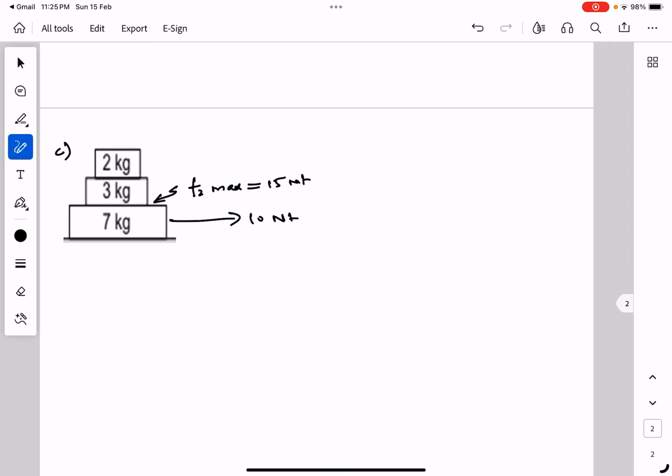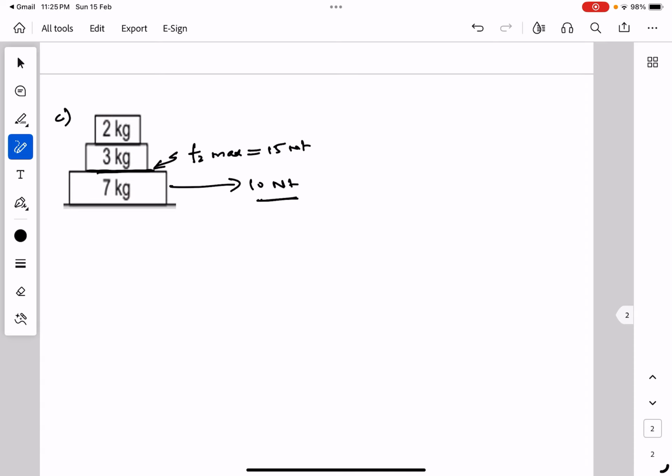And since maximum static friction force is greater than this external force 10 Newton, so there will not be any relative motion between 3 kg and 7 kg block. Now let us find out whether there would be relative motion between 2 kg block and 3 kg block. For this, we will have to find out common acceleration, assuming all three blocks move together, and this we have already found out equal to 0.833 meter per second square.